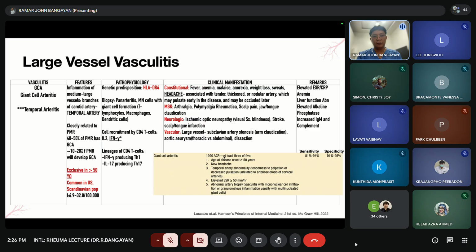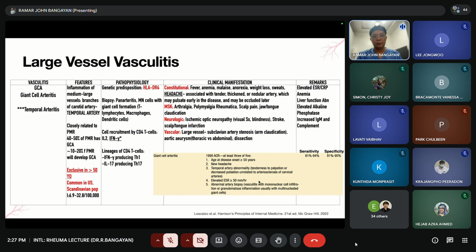your temporal artery. There is a guideline that a certain portion of your temporal artery should be obtained for biopsy.